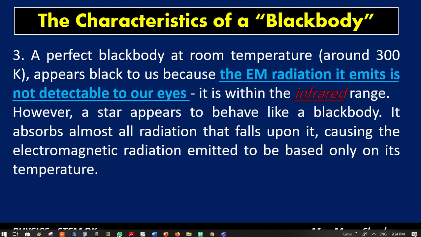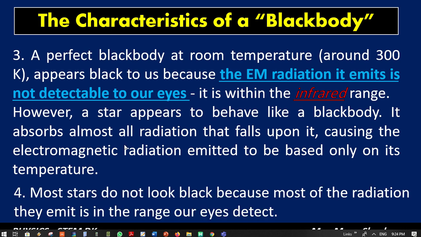Another characteristic is that a perfect black body at room temperature, about 300 Kelvin, absorbs radiation and appears black to us. It's not a real black, but we can't see its radiation by the naked eye, as it is in the infrared region.